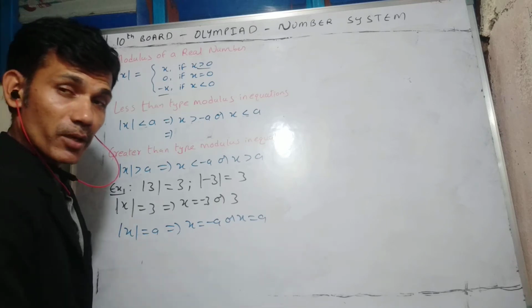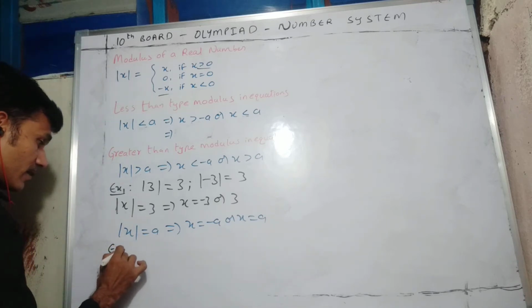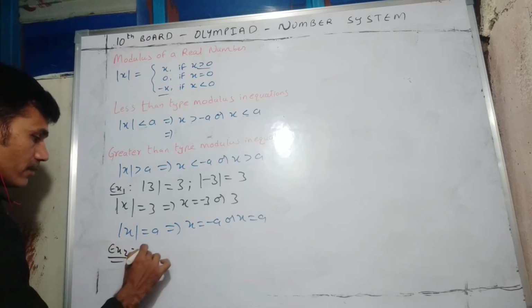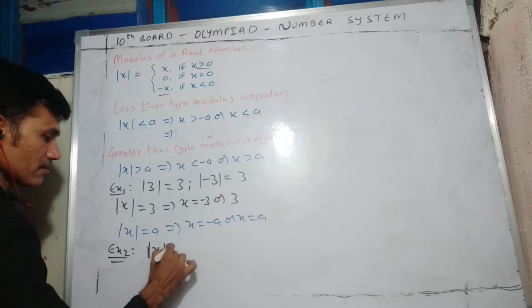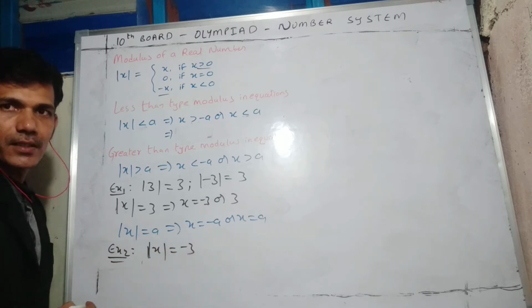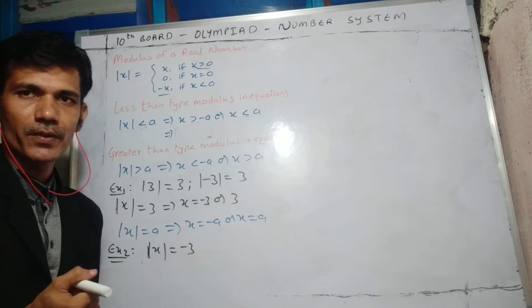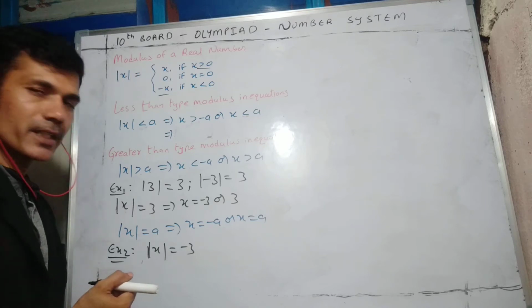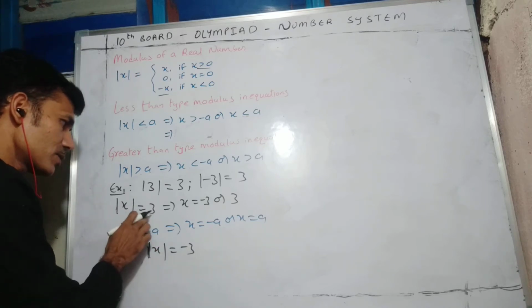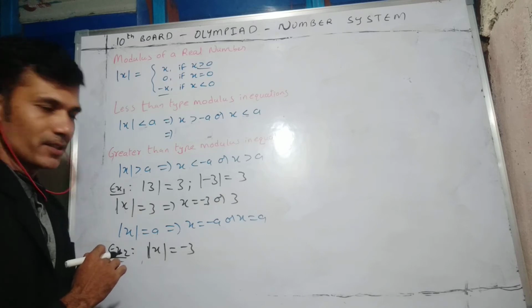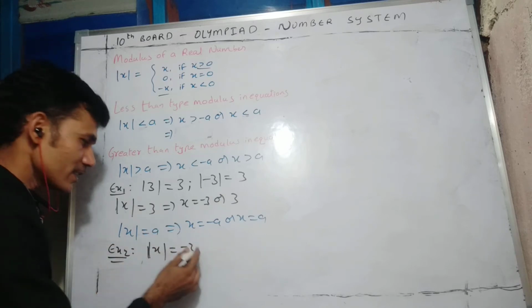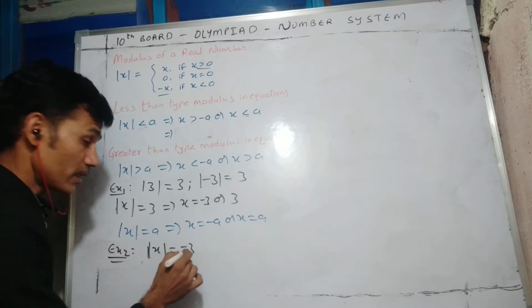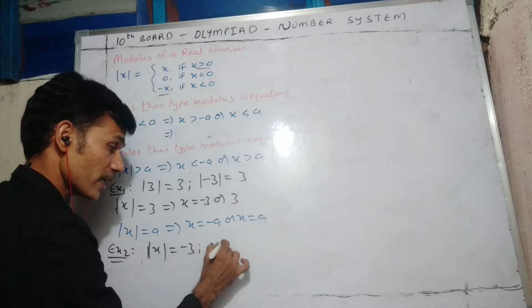Okay, and where the problem will come means, here if I say modulus of x is minus 3. See, absolute value or modulus same, no? What you told, without sign you will take, and you will always get a positive value here. So here modulus they gave negative value, so here you will not have a solution.